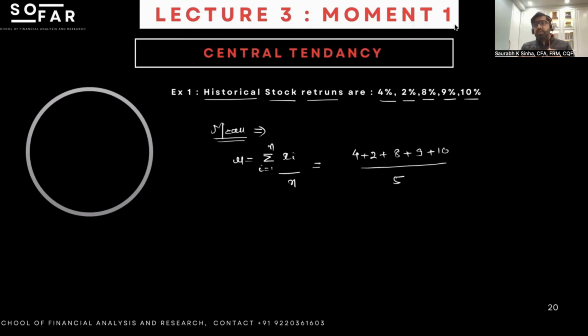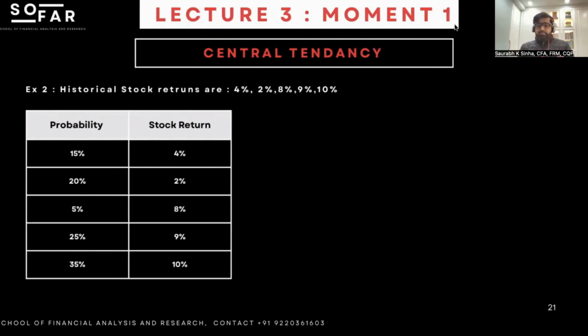But if the question changes, and based on the historical study of 5 years the return is 4%, 2%, 8%, 9%, and 10%, but I haven't studied just 5 months or 5 years of data; I've studied the historical stock return till the inception of the stock.